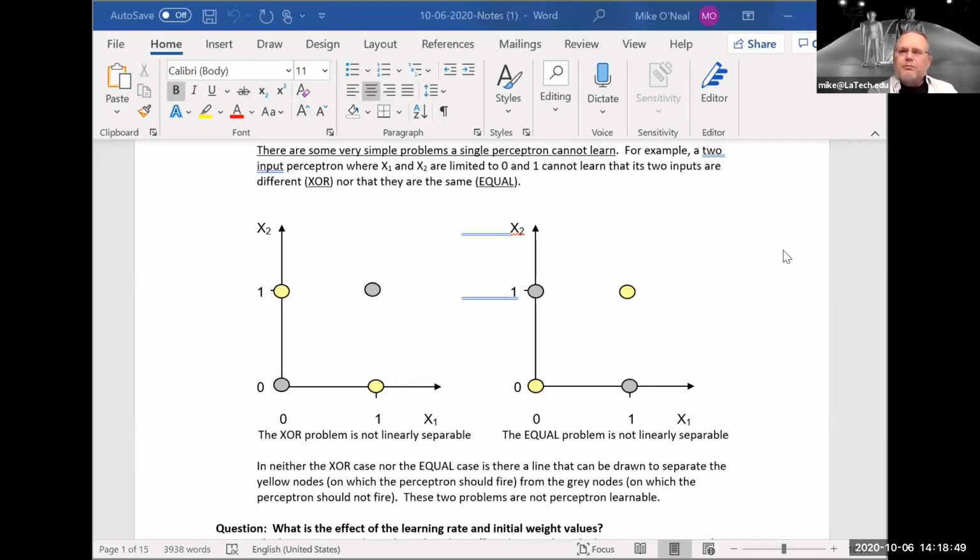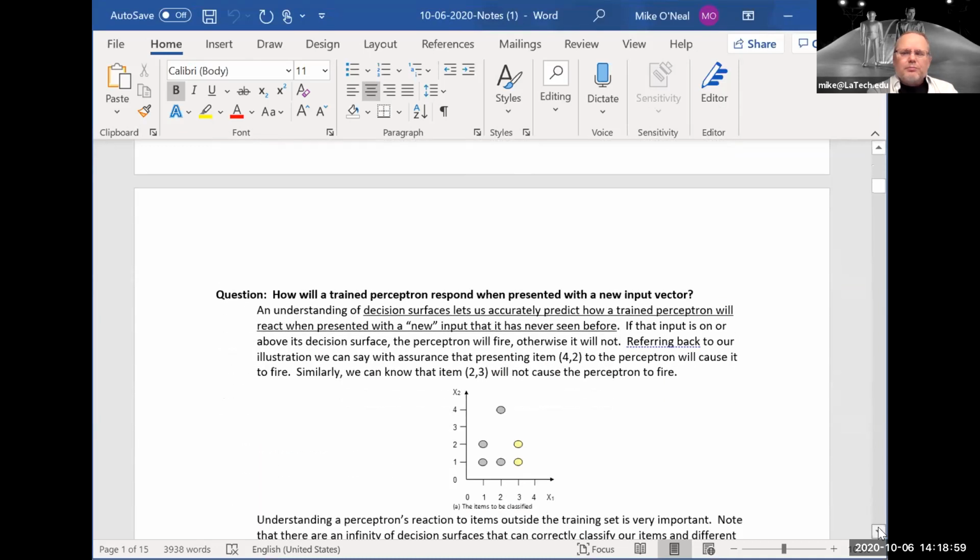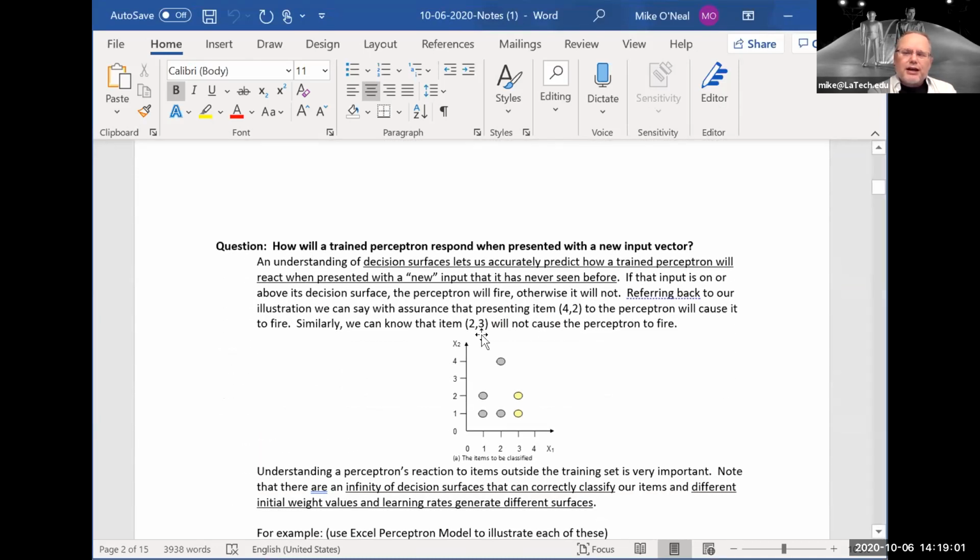This is the problem, not the eczema problem, but this is the little problem right here. It's kind of tiny, but this is the little problem that we've been playing with, right?